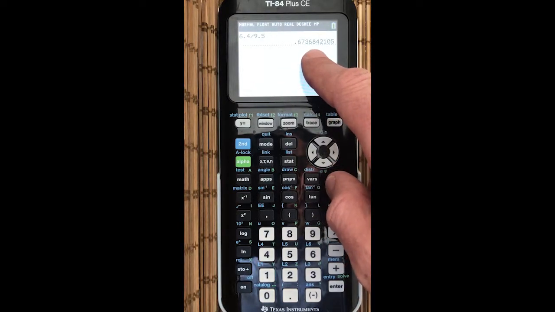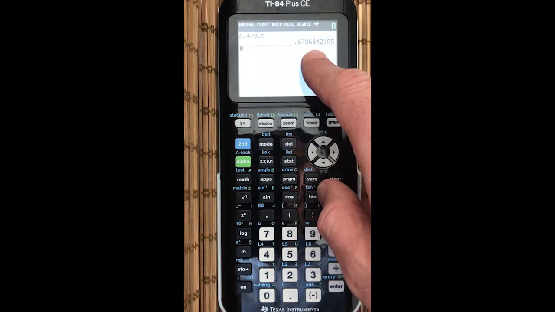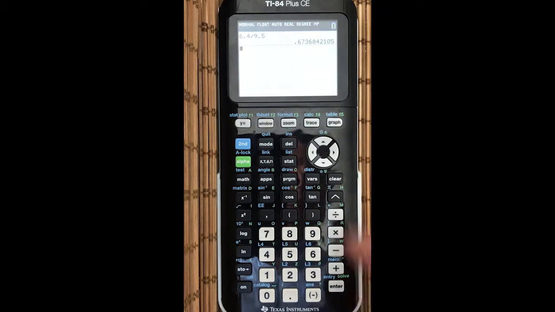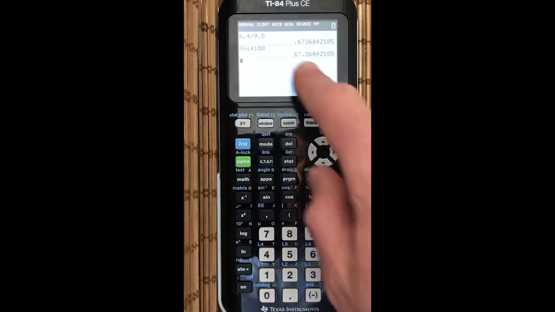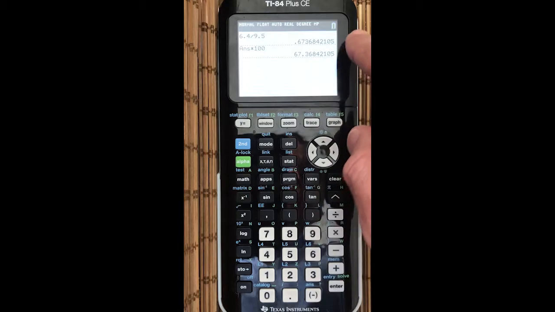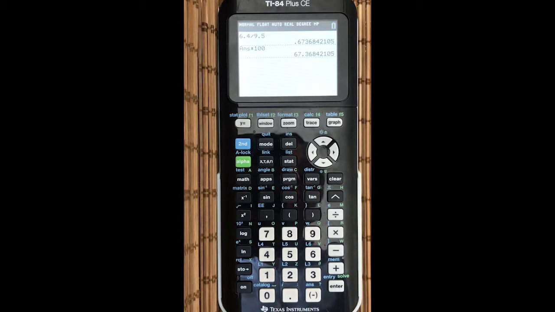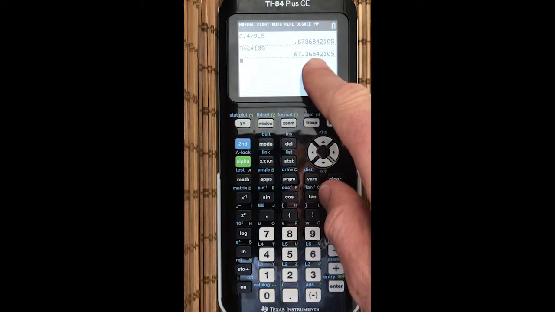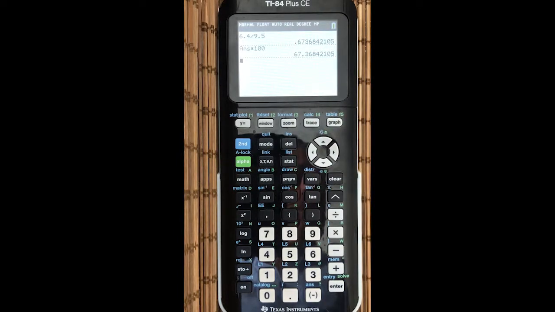So it clearly says that we need to multiply by 100, because that's how you find the percentage. So times 100 gives us 67.36842105%. The percentage symbol would need to be added there. Rounding, this gives us 67%, which is choice B.